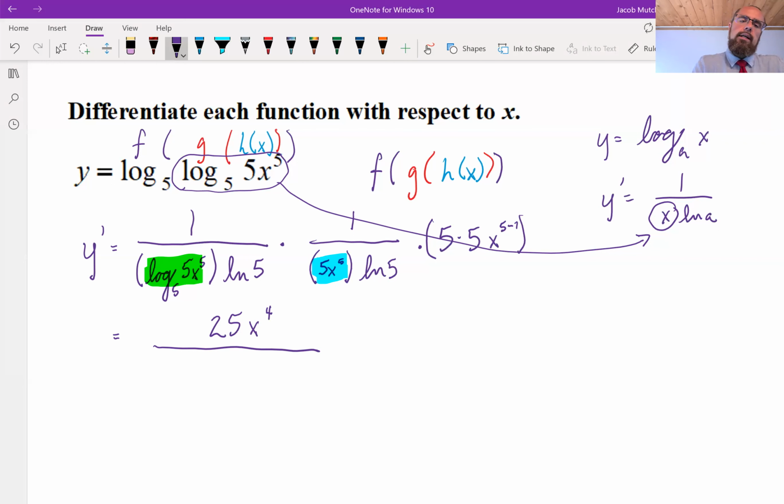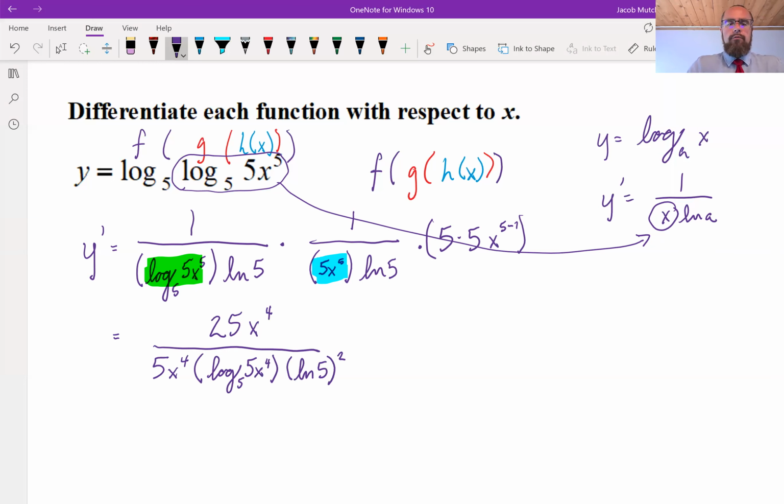So what I'll do is take this factor highlighted in blue, 5x to the power of 4. I'm going to bring that out front, times the logarithm base 5. This is what is highlighted in green, 5x to the power of 4. And then I have two factors, natural log of 5. So that's natural log of 5 squared.